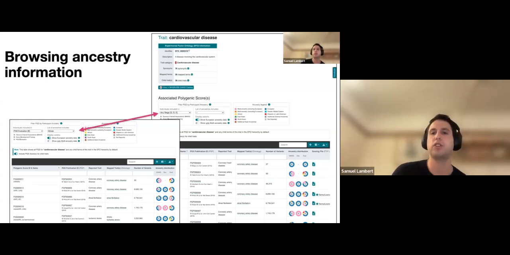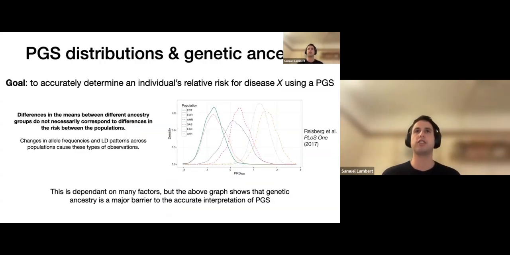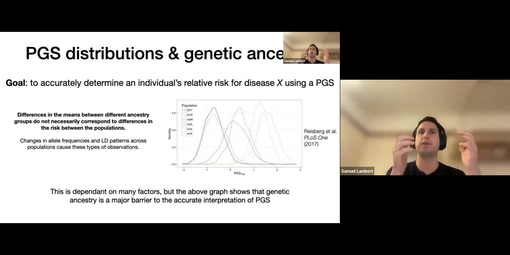So this allows you to find the scores, but once you calculate the scores, there are some problems: PGS distributions are slightly confounded by genetic ancestry. So as I mentioned before, when we score a polygenic score in a bunch of people, it will be normally distributed. But our goal is to accurately determine an individual's relative risk for a disease or trait X using a polygenic score.